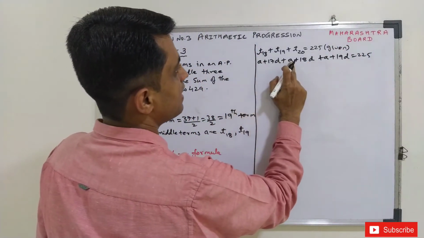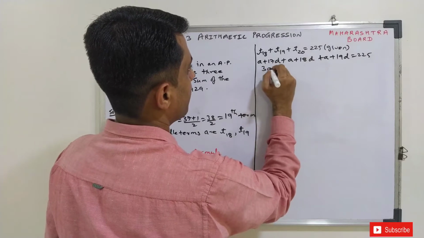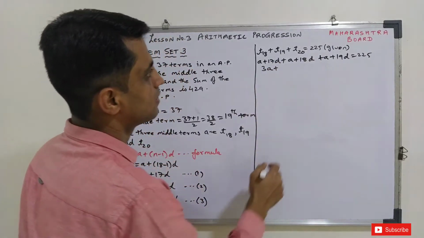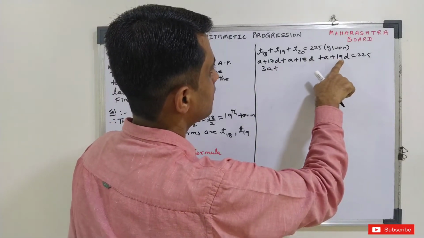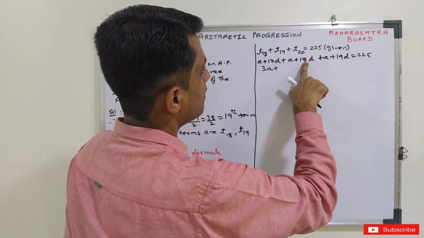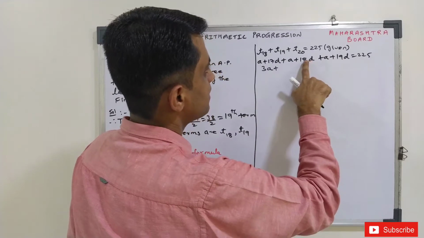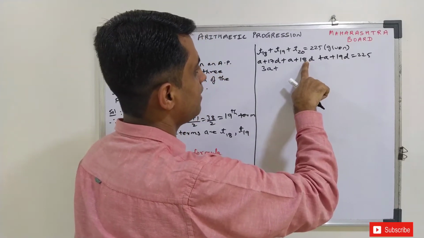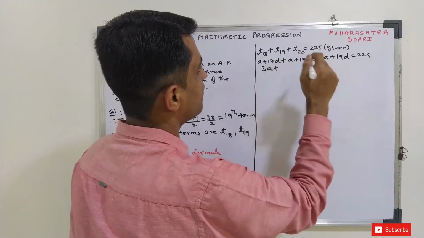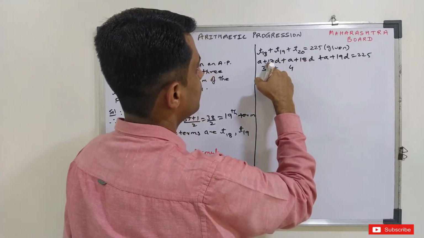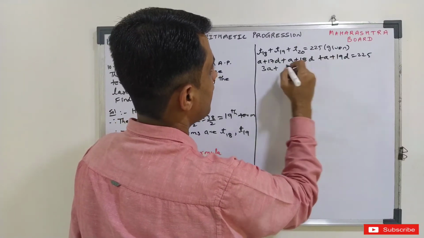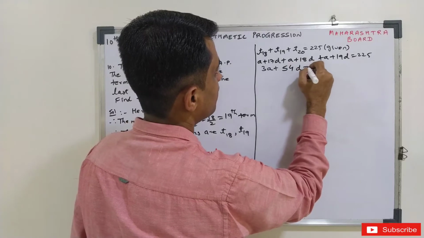So A plus A plus A will be 3A plus, now 19, 18, 17. 9 plus 8 is 17, 17 plus 7 is 24. 2, 3, 4, 5. 54D.